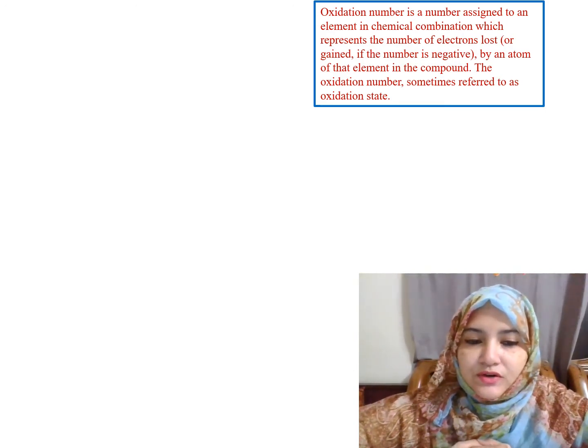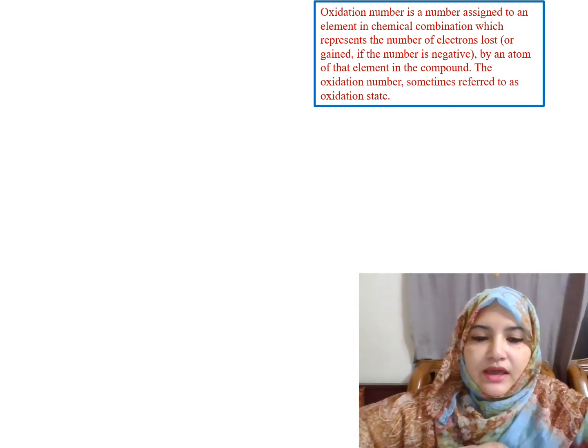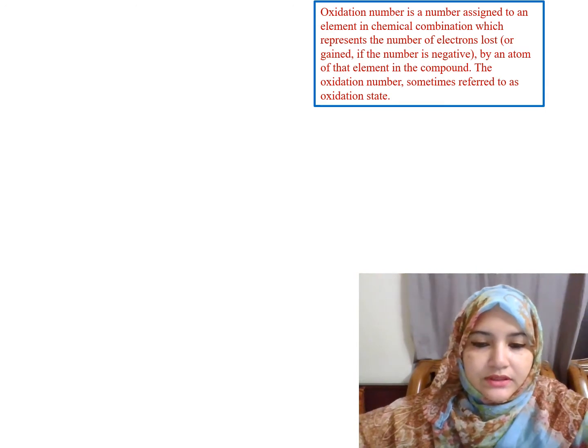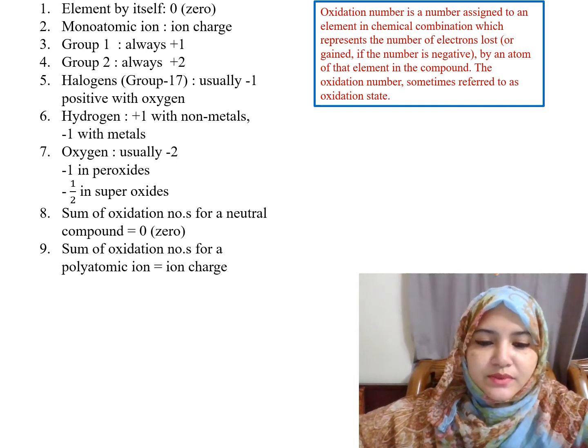The oxidation number is often referred to as oxidation state. And there are rules that we are going to use to figure out the oxidation numbers.